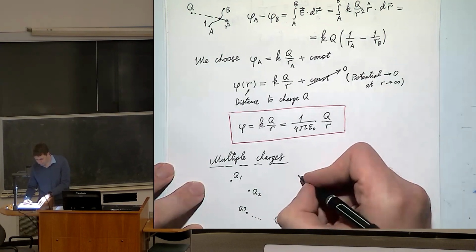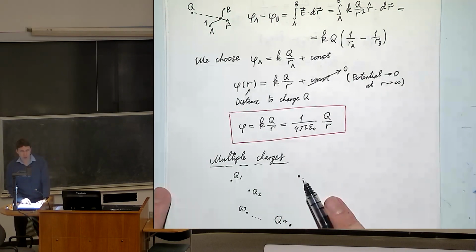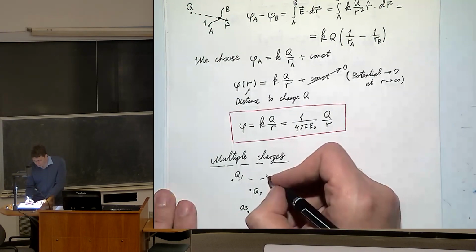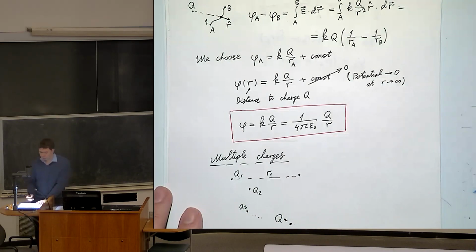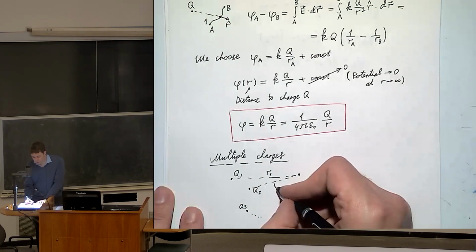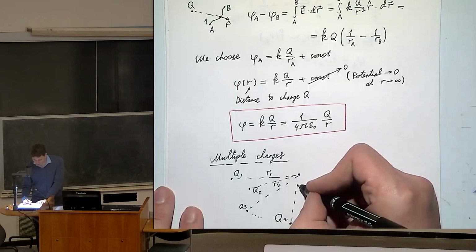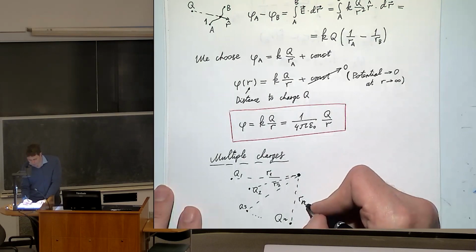somewhere here, and they create some potential at this point, which of course depends on the point, and we can introduce distances to that point, r1 from charge 1, r2 from charge 2, rn between this point and charge n.